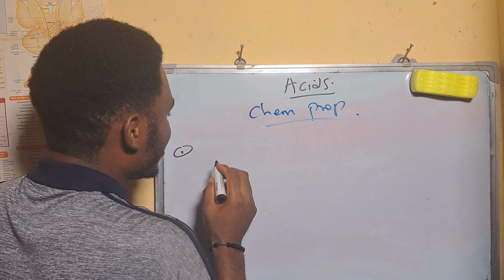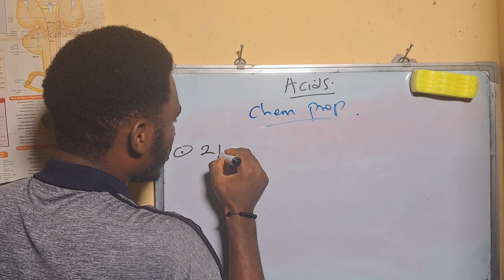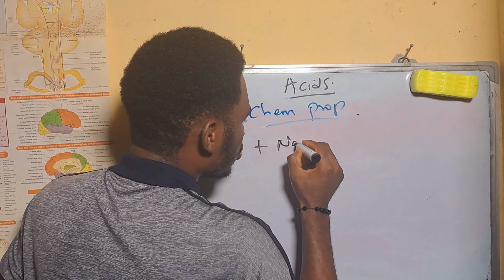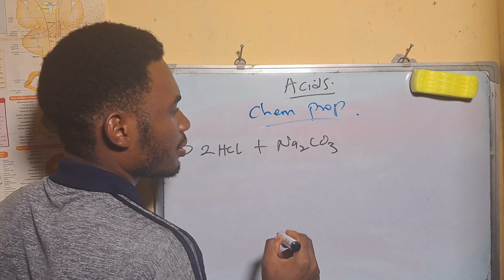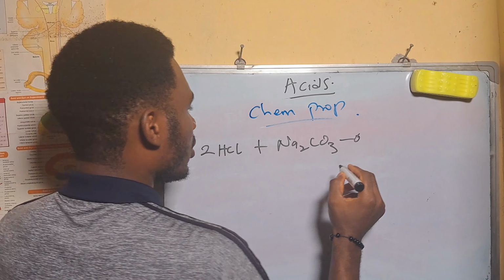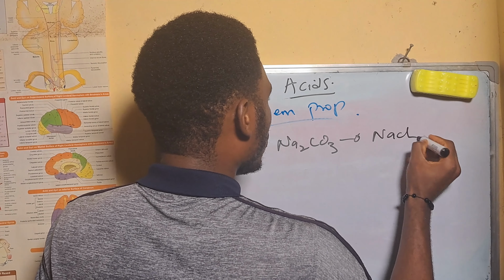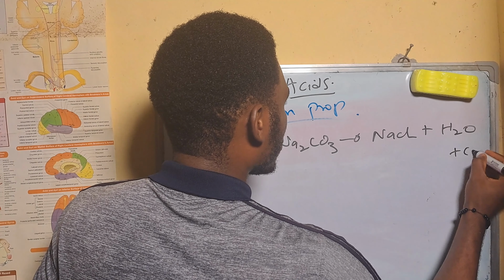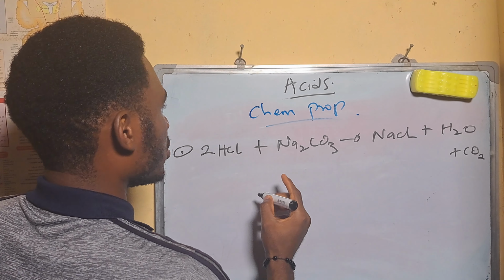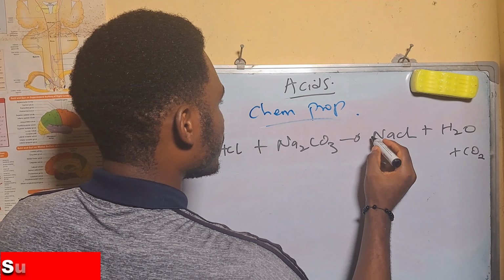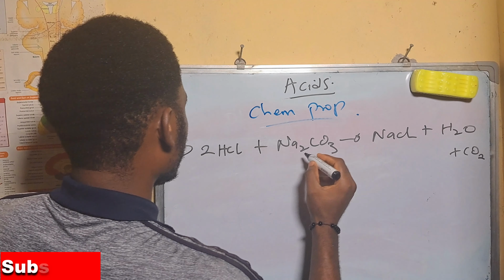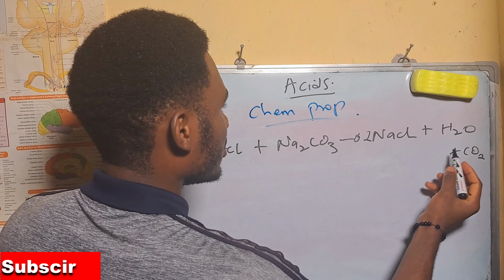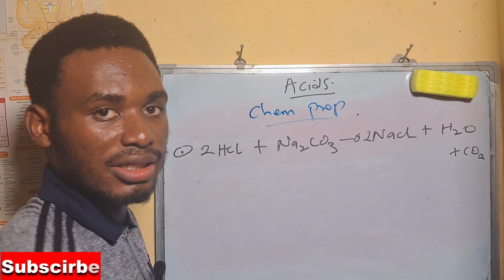For example, HCl reacts with sodium carbonate and gives you sodium chloride plus H2O plus CO2. Let's balance it. Yes, it's now balanced.